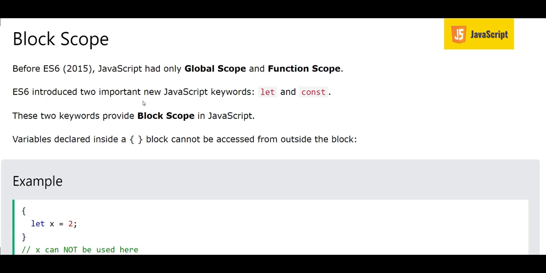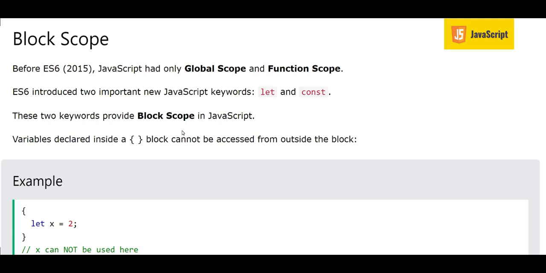ES6 introduced two important new JavaScript keywords, let and const, and these two keywords provide block scope in JavaScript. So now with the introduction of let and const, we have block scope as well.